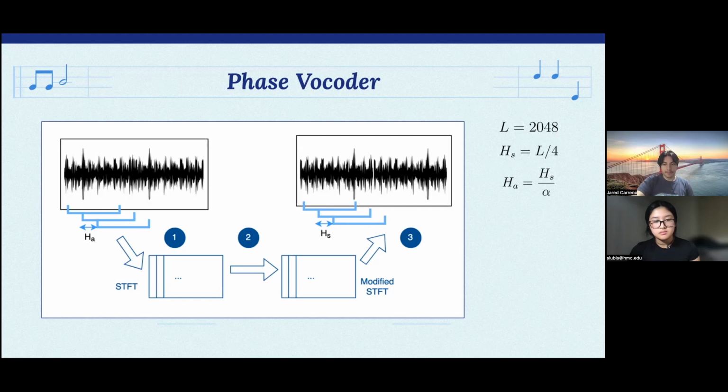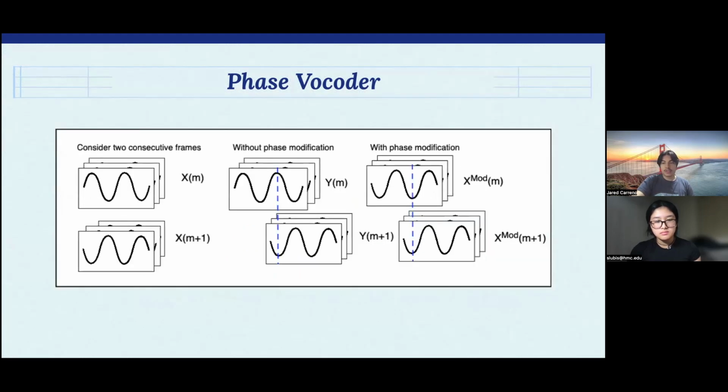And yeah. So moving on to why exactly we need to modify the phase, as we can see in the center, if we don't modify the phase, the signals of two adjacent frames can actually destructively interfere with one another, which will create many artifacts and phase issues.